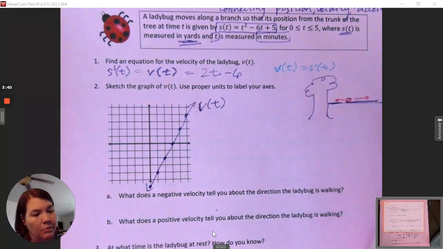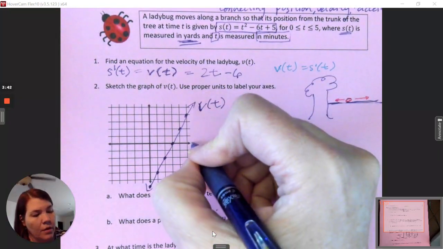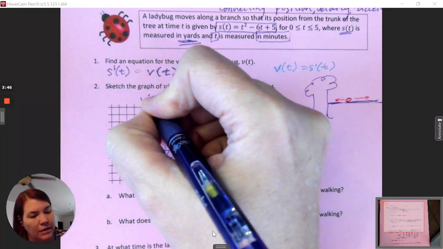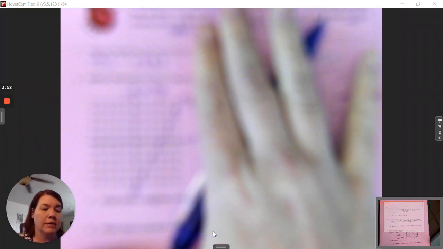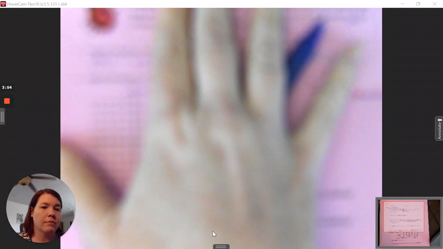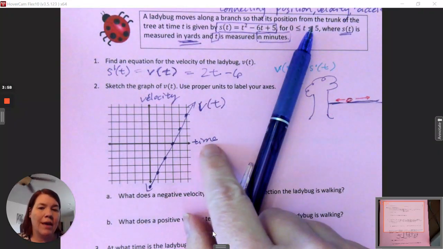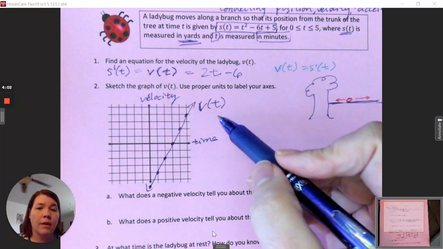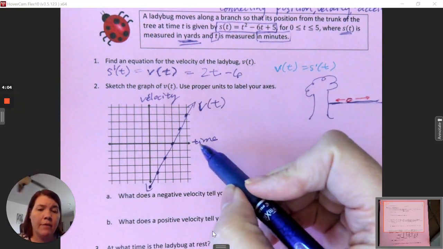Now it says to label my axes. So this is time, and this is velocity. It also says to use proper units to label my axes. So again, the x-axis is going to be time, the y-axis is velocity in this particular graph.